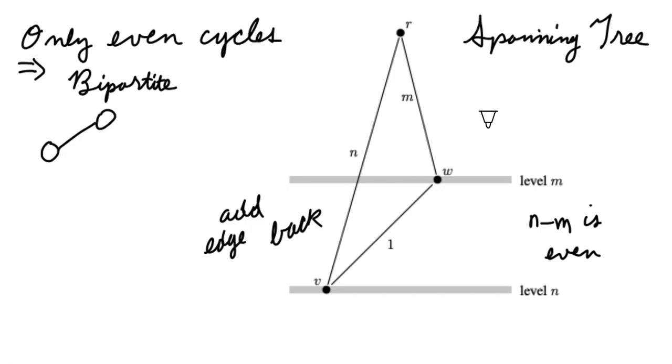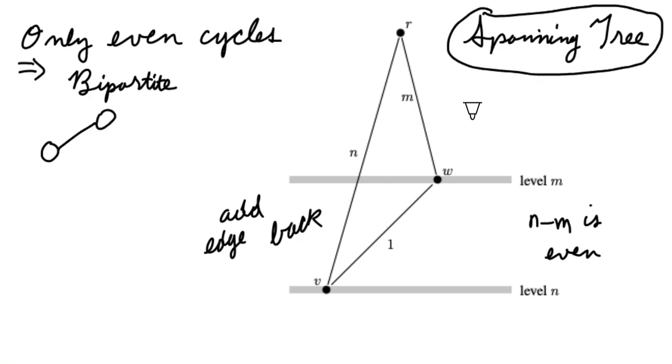Well, for starters, if you alternate colors on the levels, the spanning tree itself is already bipartite. You can use two colors. So if we can confirm that we cannot add an edge between levels that are even apart, meaning they have the exact same color, then we're good. Then two colors will suffice.